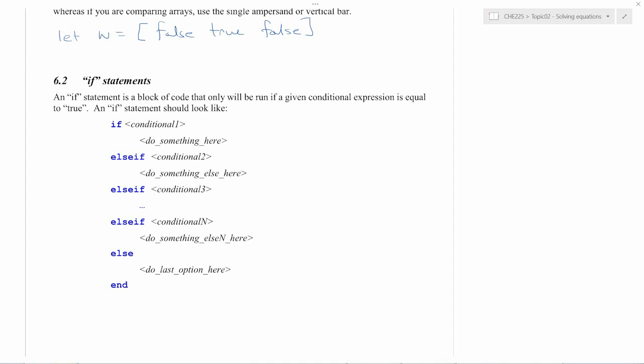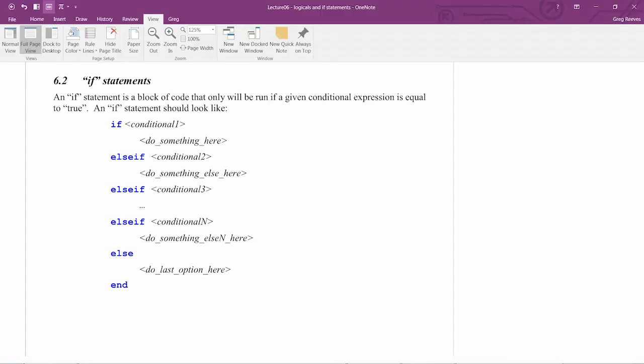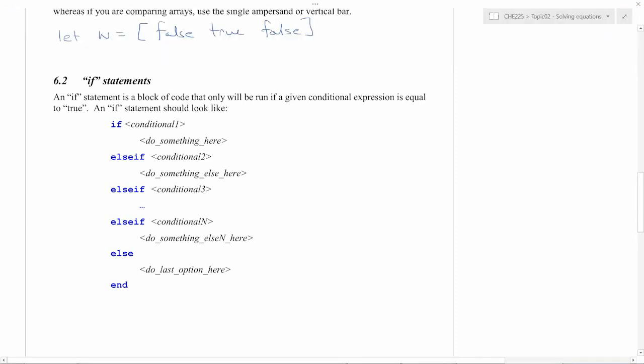So the way the if statement is set up is you type the word if, and then you give Matlab a conditional. So if a particular conditional is true, so if that first conditional is true, then do this.